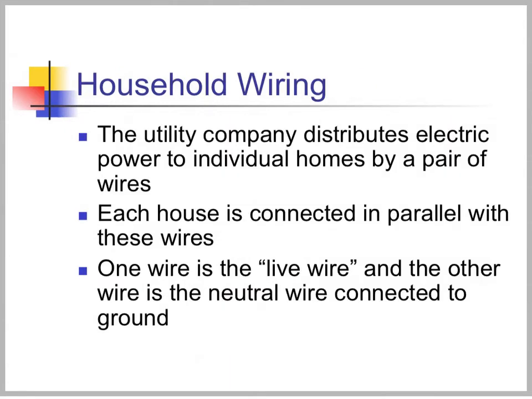Utility companies distribute electric power to individual homes by a pair of wires. And every house in the circuit is connected in parallel with those wires. One wire is always the live wire, and the other wire is a neutral wire that's connected to ground.